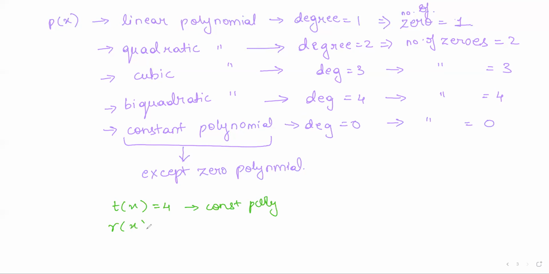R of x is equal to 5 or minus 5. This is a constant polynomial. But if I write q of x is equal to numerical 0, then this is a zero polynomial. So for these two values, when you have constant polynomials, your number of zeros will be 0.